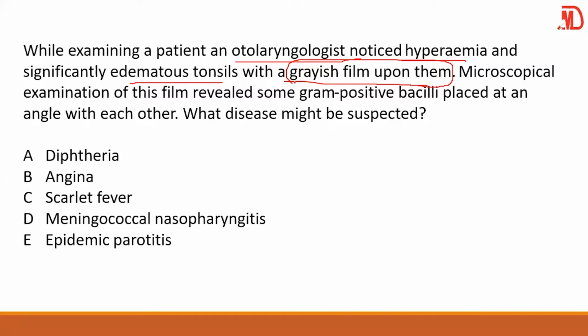In croup, you can remove the substance on it without any bleeding. But with diphtheric, if you are removing it, there is a problem. Great. So now let's look at the question. Microscopical examination of this film revealed some gram-positive bacilli placed at an angle with each other.